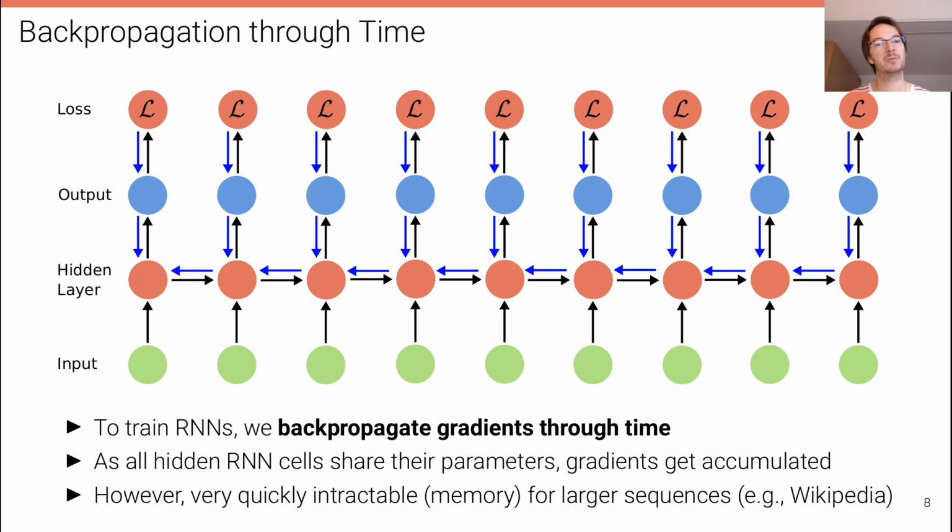And then we can backpropagate the error from that loss function. So we have a loss for each element of the output. Because all of these are connected over the entire sequence length, we have to backpropagate the gradients throughout the entire sequence, which is indicated here by the blue arrows. This is called backpropagation through time, or in short, BPTT.